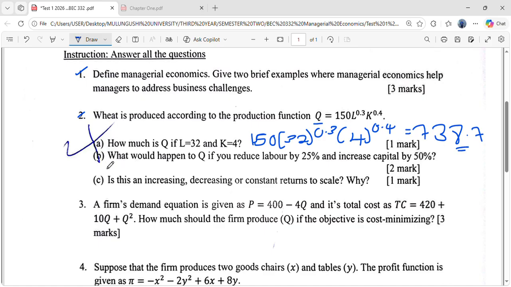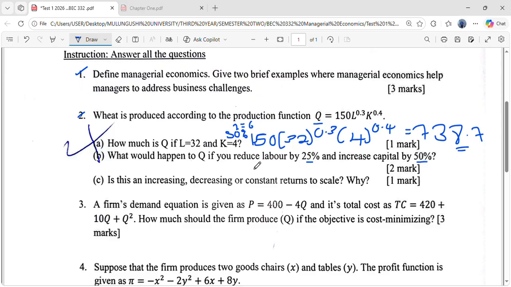Then we have B. What would happen to the production if you reduce labor by 25% and increase capital by 50%? So what is 50% of 4? It is 2. Remember, they've said increase by, so 2 plus 4 will go to 6.